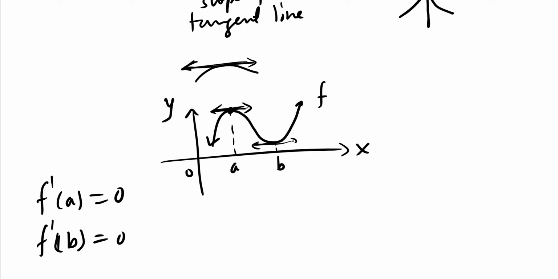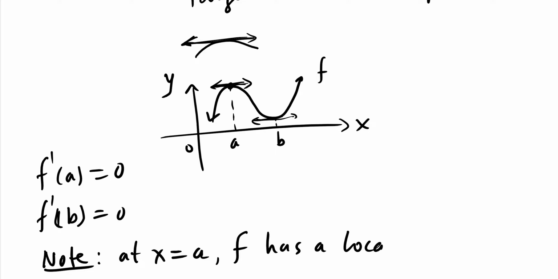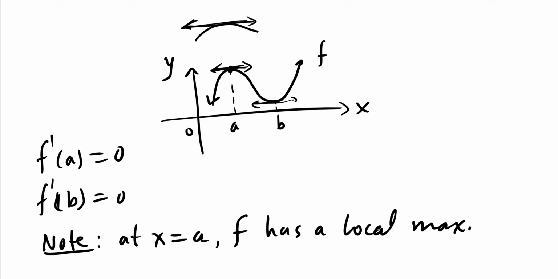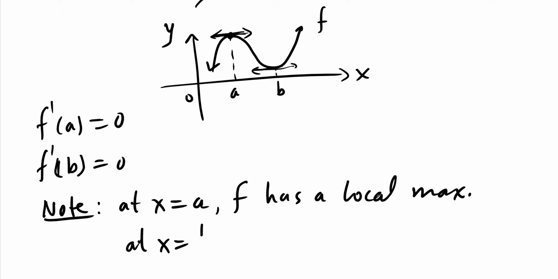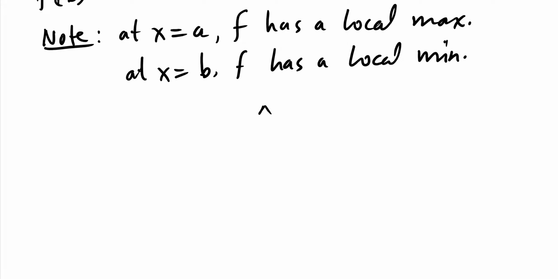That's the slope of the tangent line, which is what f prime means. Note that at x equals A, f has a local max. At x equals B, f has a local min.